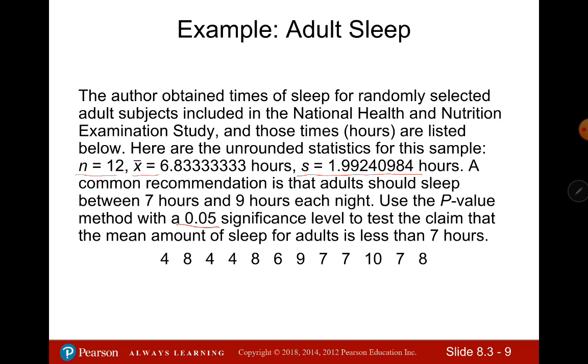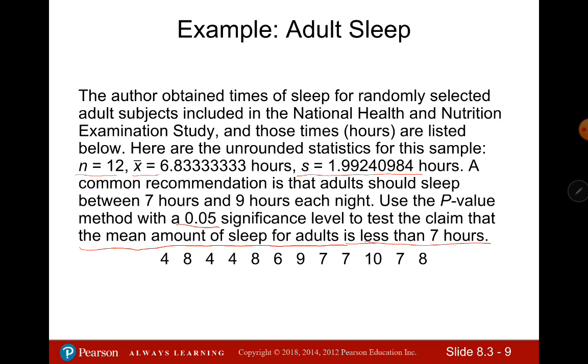It's a statement, an assumption, just a sentence. Here we check the claim. The claim says the mean amount of sleep for adults is less than 7 hours. The average sleep time is less than 7 hours.